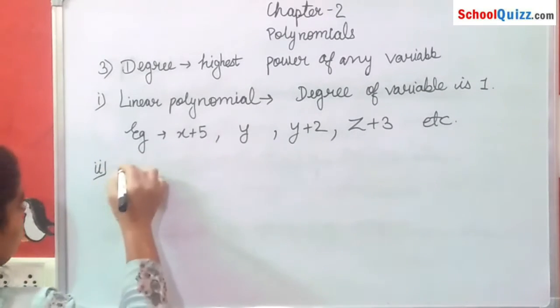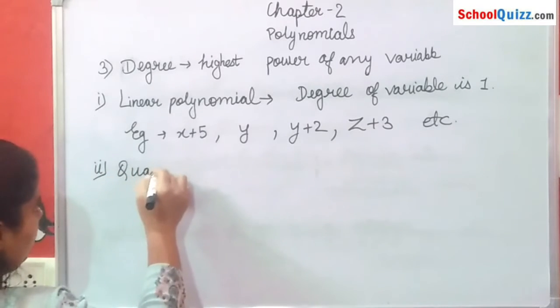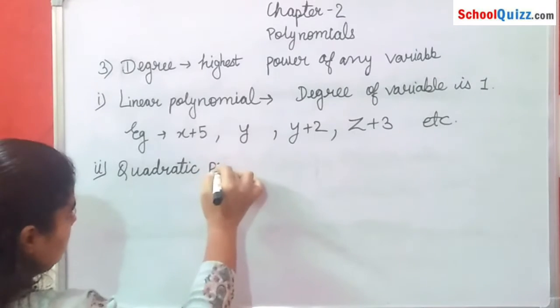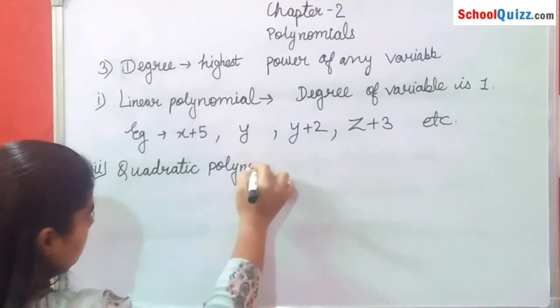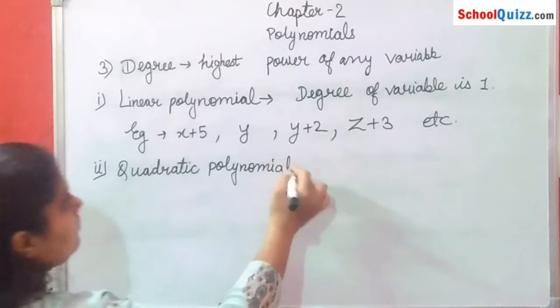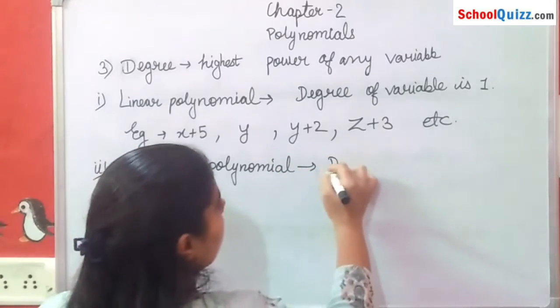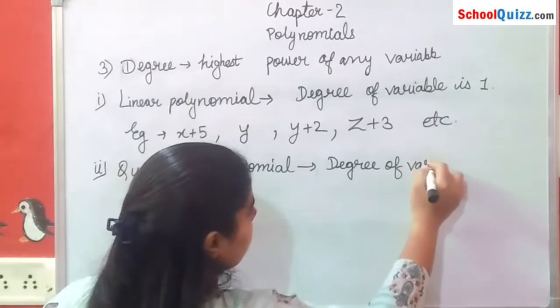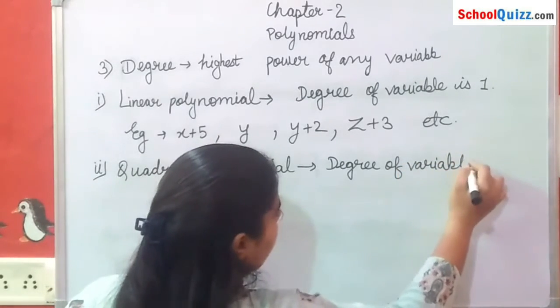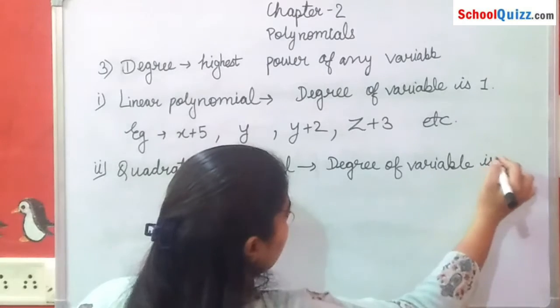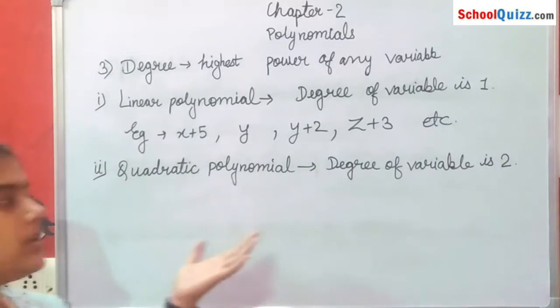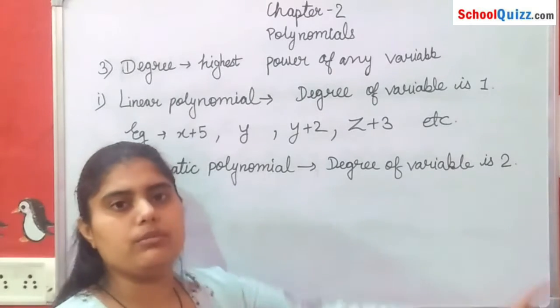Second, quadratic polynomial. In a quadratic polynomial, the degree of the variable is 2.